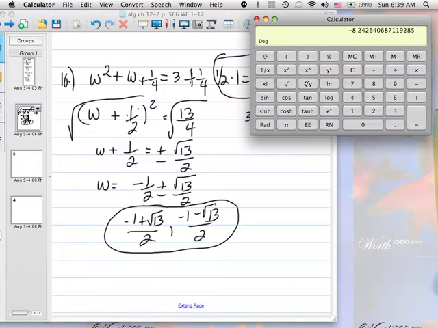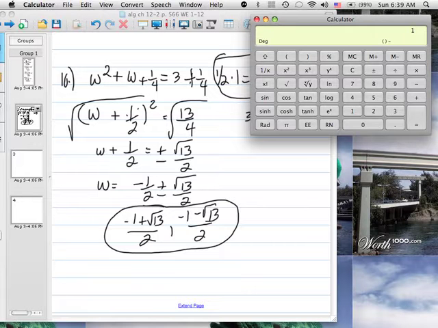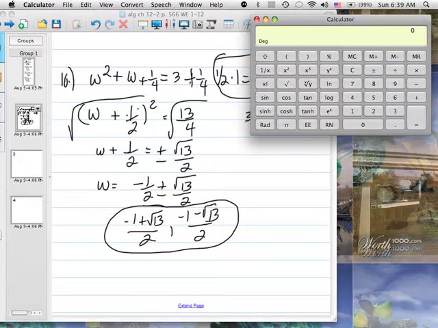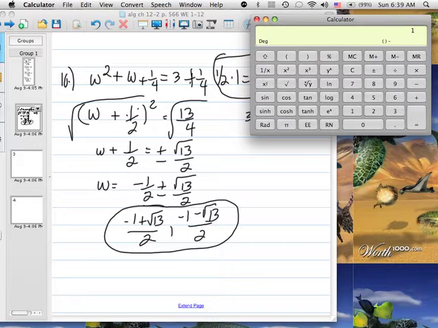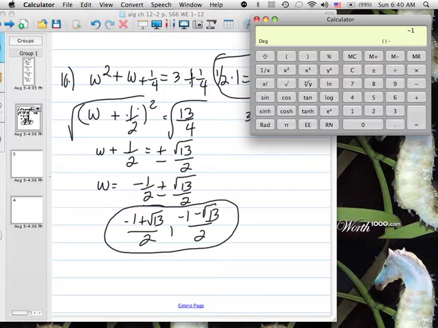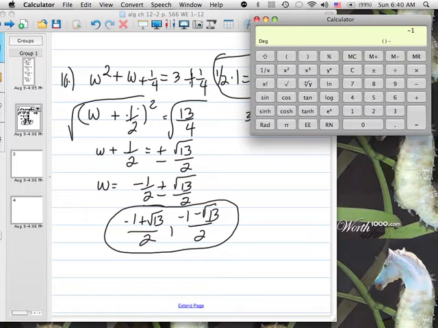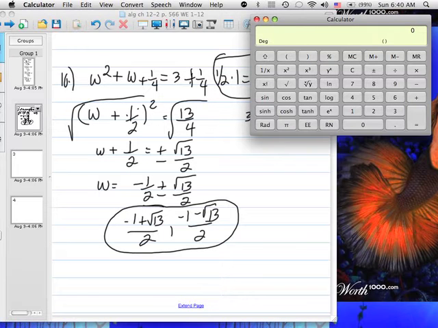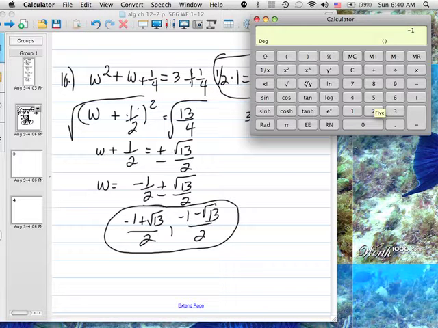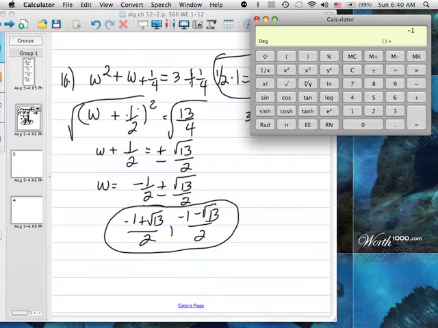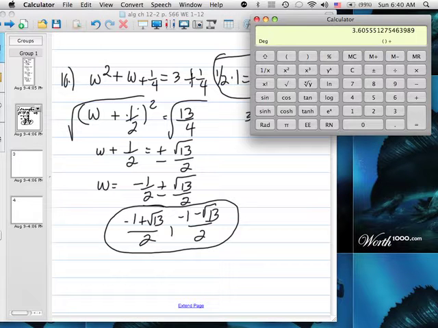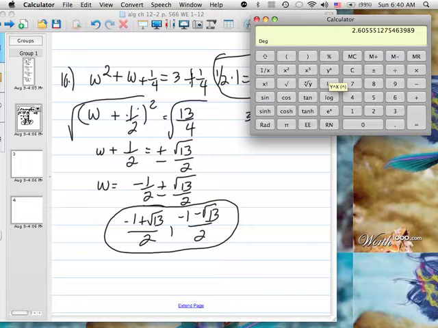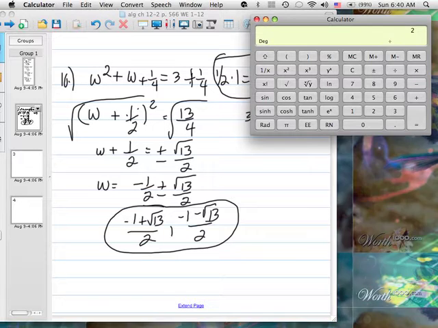So we take parentheses, clear it first, parentheses, negative 1, let's clear it again, parentheses, negative 1 plus the square root of 13, parentheses, divided by 2.